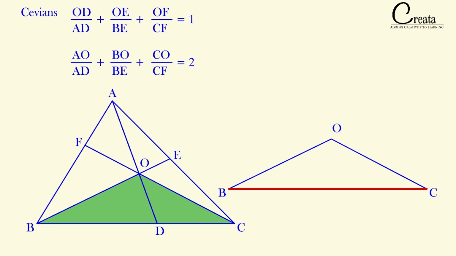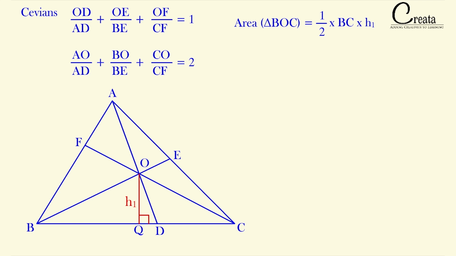If we take BC as the base, can we assume a line segment OQ which is perpendicular to BC? Let's denote this perpendicular OQ as H1. This H1 is the altitude, that is, the height of the triangle OBC. So can we say the area of triangle BOC is equal to half into BC, that is base, into H1, that is the height of this triangle.